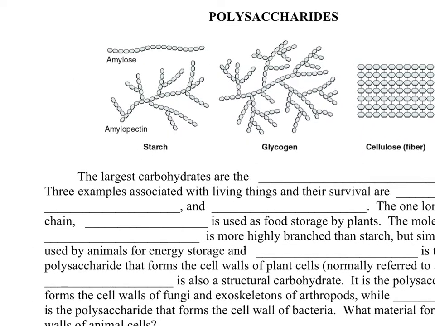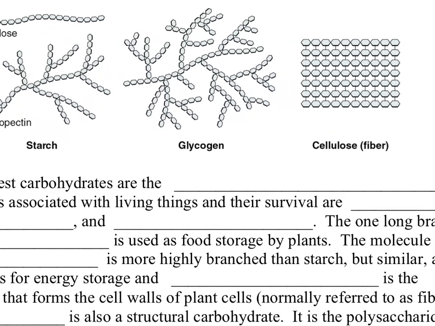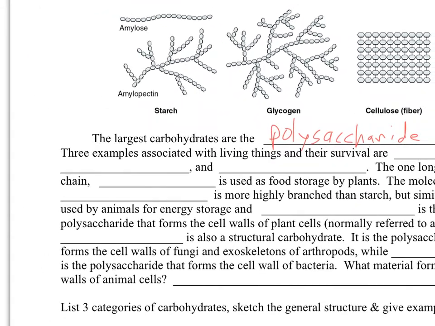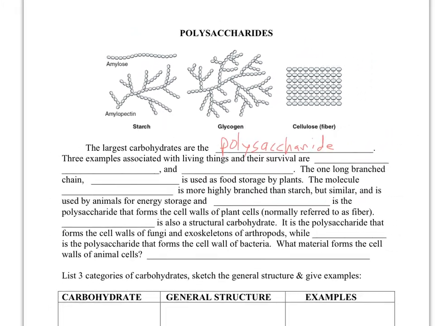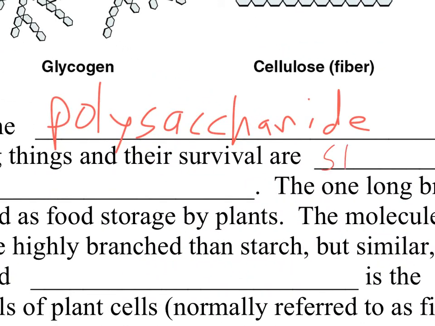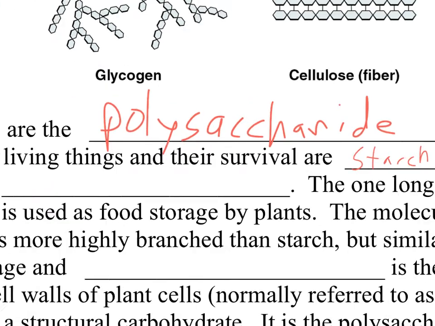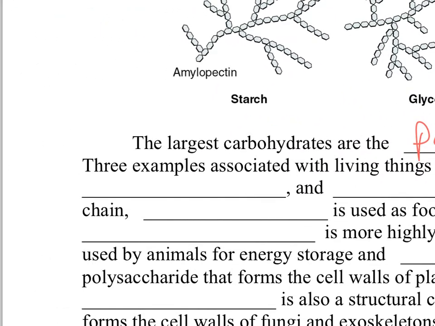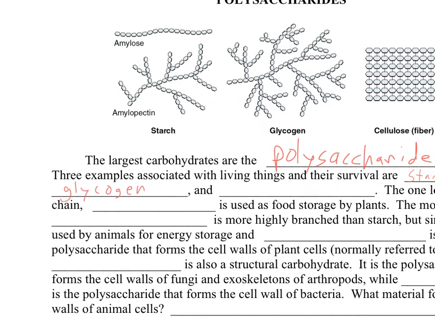All right, so it says the largest of our carbohydrates is called a what? Polysaccharide. 3 examples of polysaccharides within living things and their survival are starch, glycogen, and cellulose.